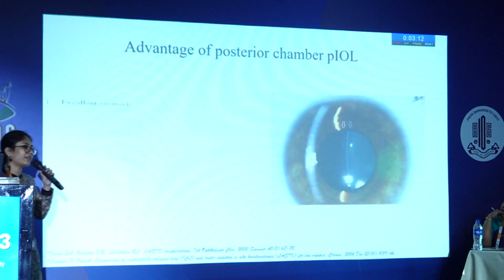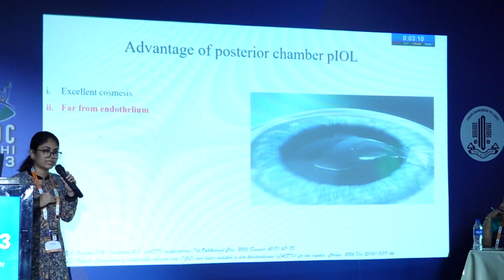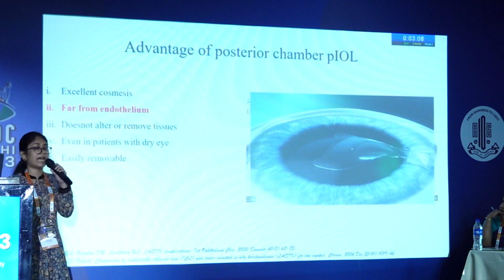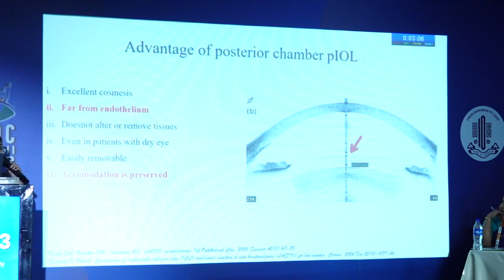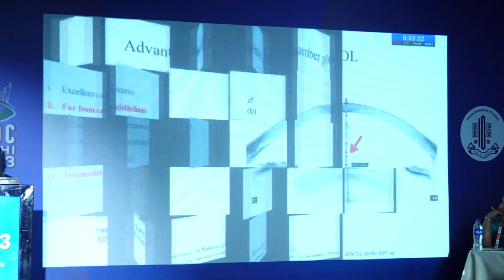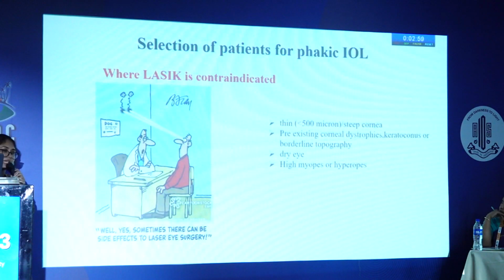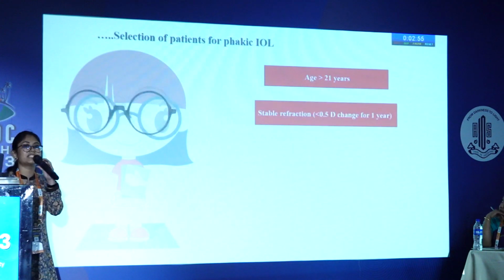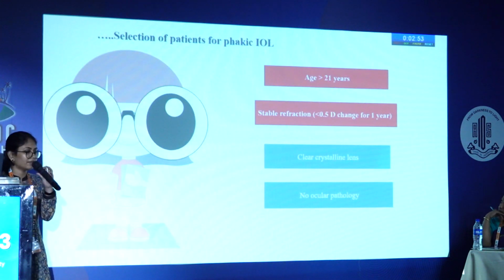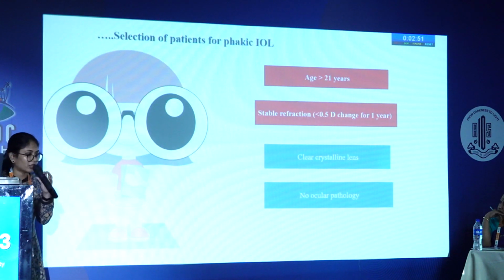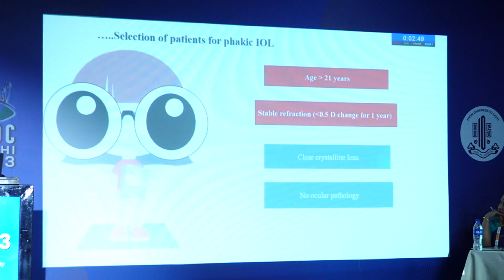It is inserted into the sulcus, giving excellent cosmesis and protection to the endothelium. We do not touch the crystalline lens, hence accommodation is preserved. We can advise the phakic IOL in cases where LASIK is contraindicated, but the patient should be at least 21 years old with no other ocular pathologies and a stable refraction.